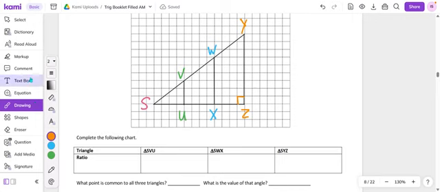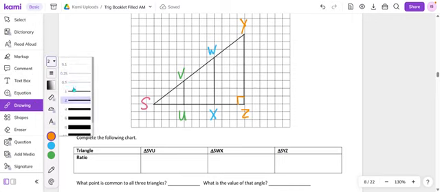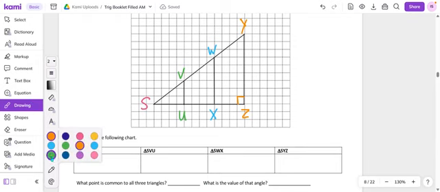Same triangle as before. I think the angle was 36. What do we know about this triangle? Well, let's get started. In the triangle SVU, we know that the bottom side, if this is our angle, this is the adjacent. The adjacent is 4. The opposite is 3.